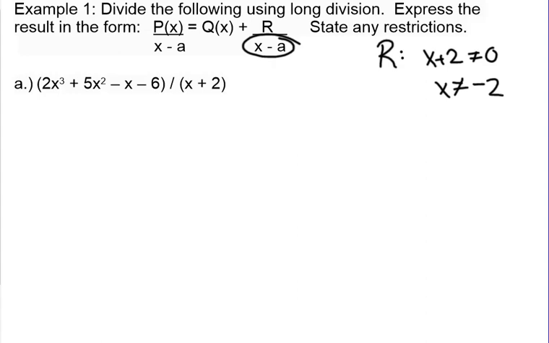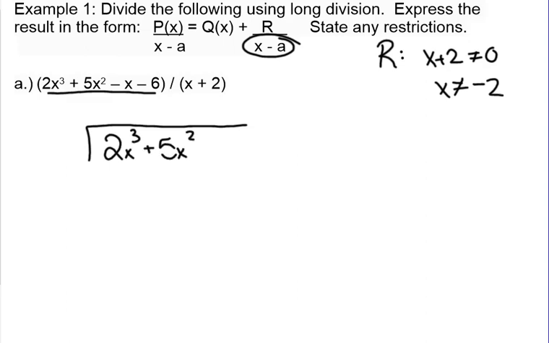All right, let's get dividing. First thing we're going to check is that our polynomial is in descending order, which it is. So 2x cubed plus 5x squared subtract x subtract 6, and that's being divided by x plus 2. Okay, first thing you're going to think to yourself, x times what gives us 2x cubed?